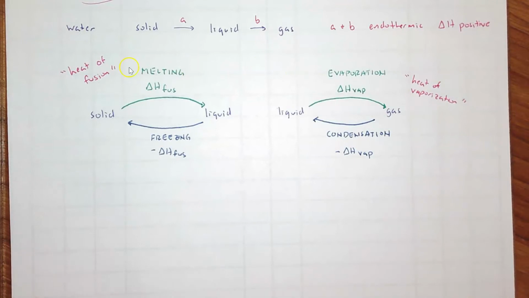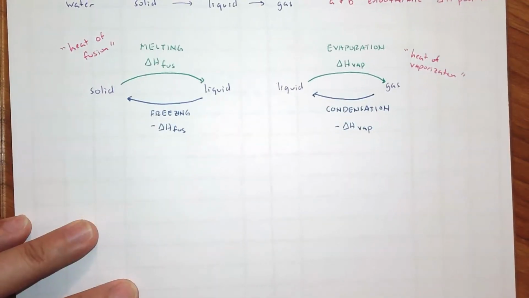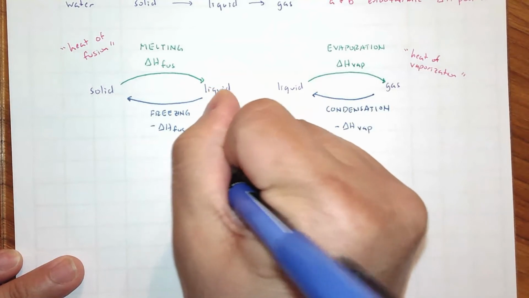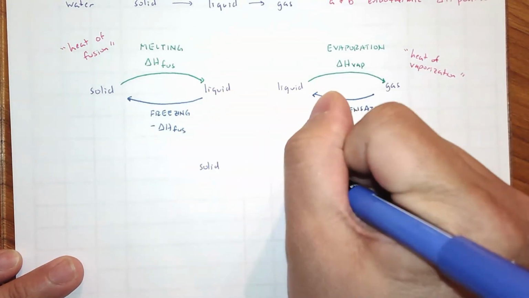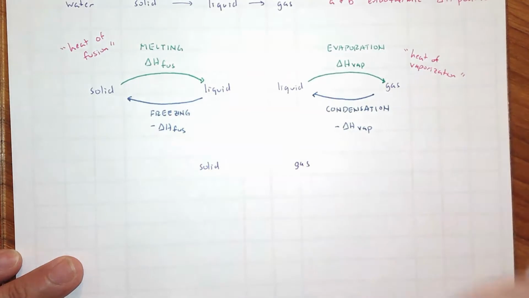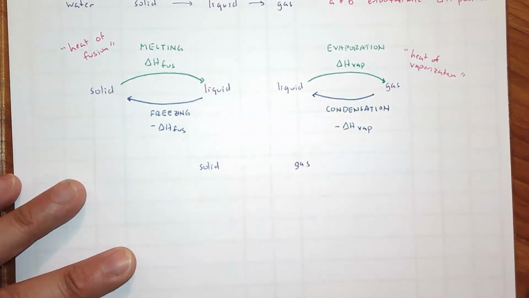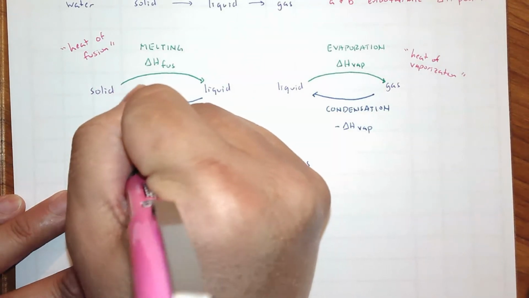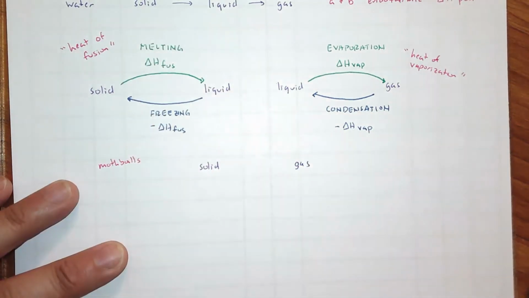I said 6, right? 6 phase transitions, or 6 phase changes. Where are the other 2? Solid directly to gas. Okay. You've seen these with mothballs? You have solid mothballs, and then all of a sudden they're gone.